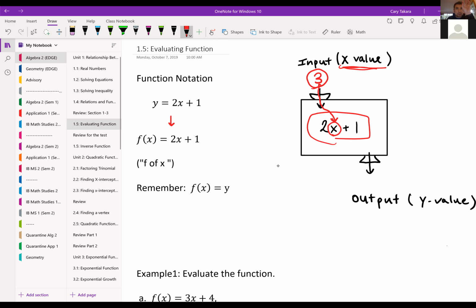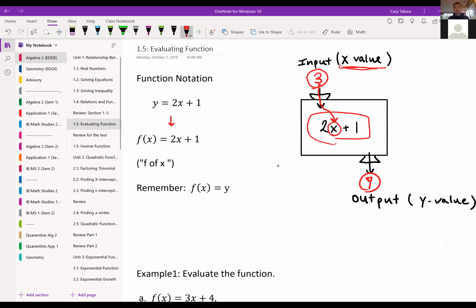So now you're going to do 2 times 3, because it's 2 times x. So now it becomes 2 times 3 plus 1. What do you think the output is going to be? 2 times 3 is 6. Very good. And then 6 plus 1 is 7.